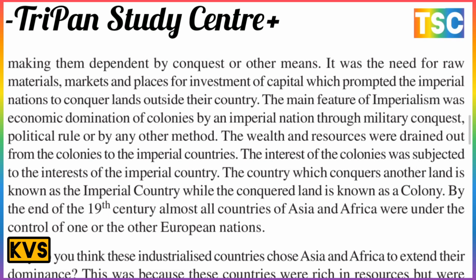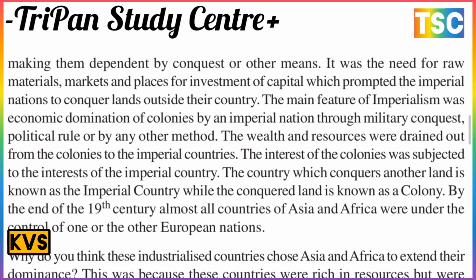It was the need for raw materials, markets, and a place for the investment of capital which prompted the imperial nations to conquer lands outside their country. The main feature of imperialism was economic domination of a colony by the imperial nation through military conquest, political rule, or any other method.